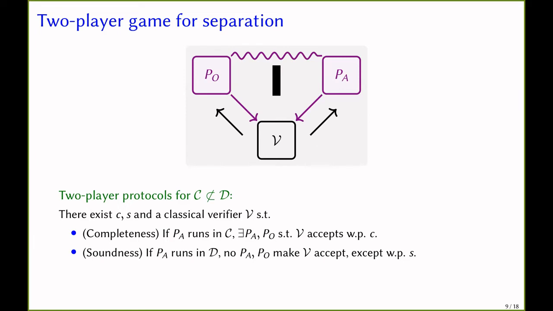On the other hand, if the target machine PA runs in D, then no players PO and PA would make the verifier accept except with some tiny probability s.